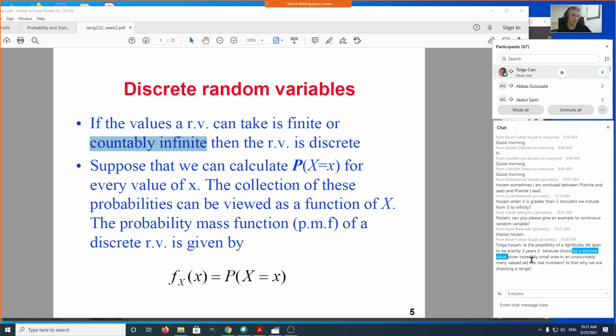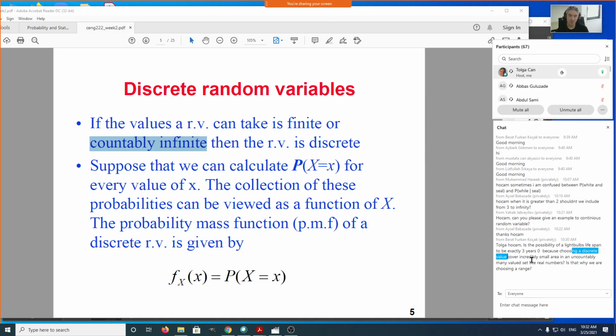That's the reason the probability of exact points will be 0 in the case of continuous variables, because there are infinitely many outcomes. If they are all equally likely, that will be 1 over infinity, and that gets you 0. That's the reason we are choosing a range.